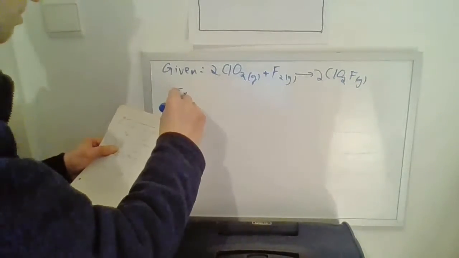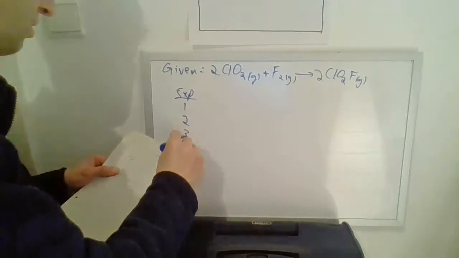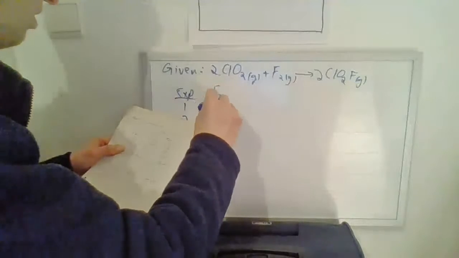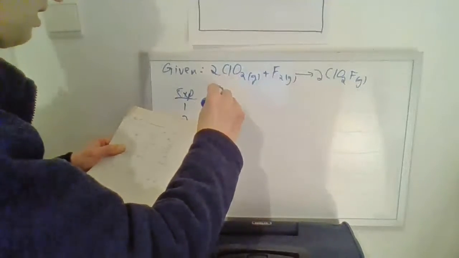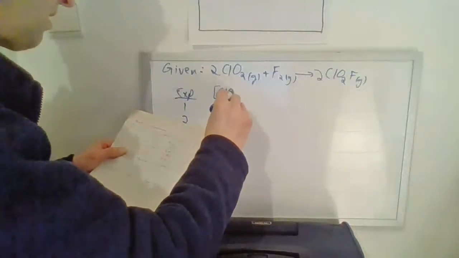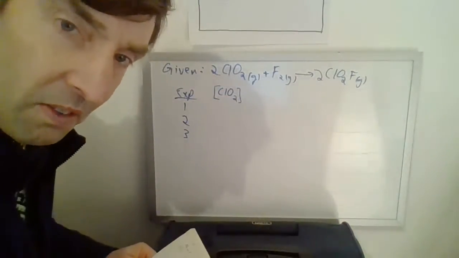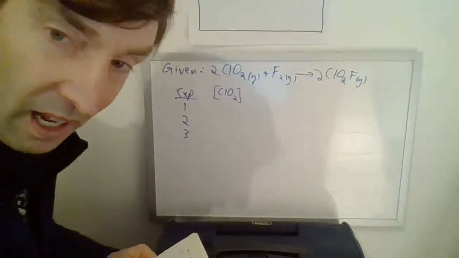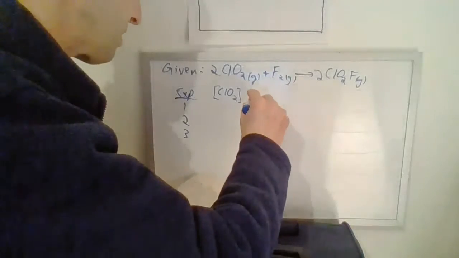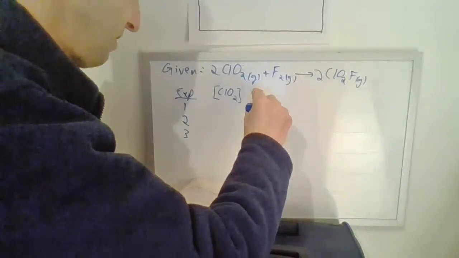We're going to have experiment 1, 2, 3. And let's give you some concentrations of ClO2. I'm doing them in moles per liter, but they're gases. They probably ought to be in atmospheres, but don't worry about it for now, okay? Because that's what my old friend gave me too. He gave me moles per liter.